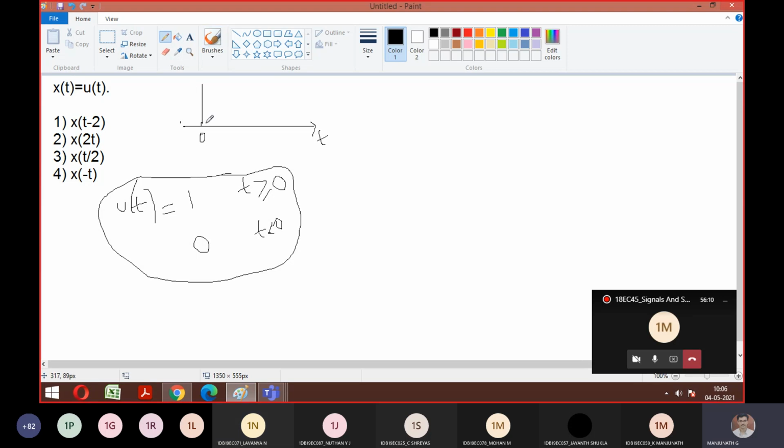Now how does the signal look? From 0 with amplitude of 1, the signal is continuous. There is no end, because it says u of t, so it keeps going with amplitude of 1. This is your u of t representation. Now what does the question say?